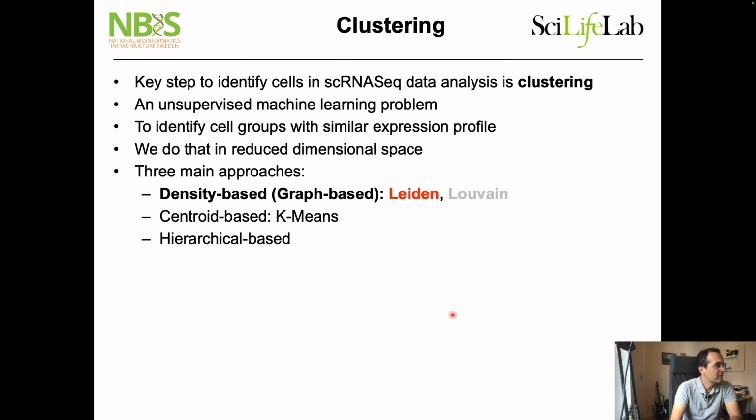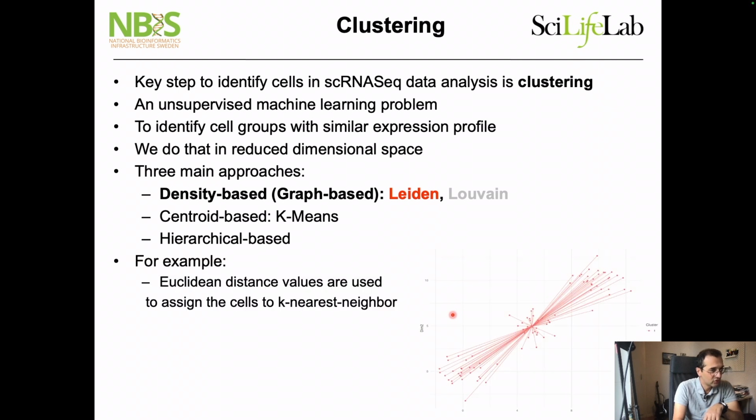And there are different methods. One is density-based, centroid-based, and hierarchical-based approaches. Today you will use Leiden, which is an extended version of Louvain. If you take this as an example, all of these try to assign the data points into a centroid.